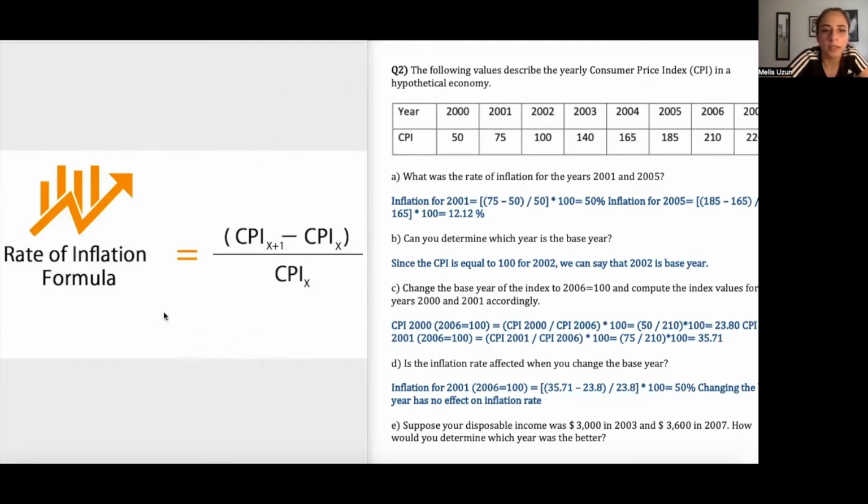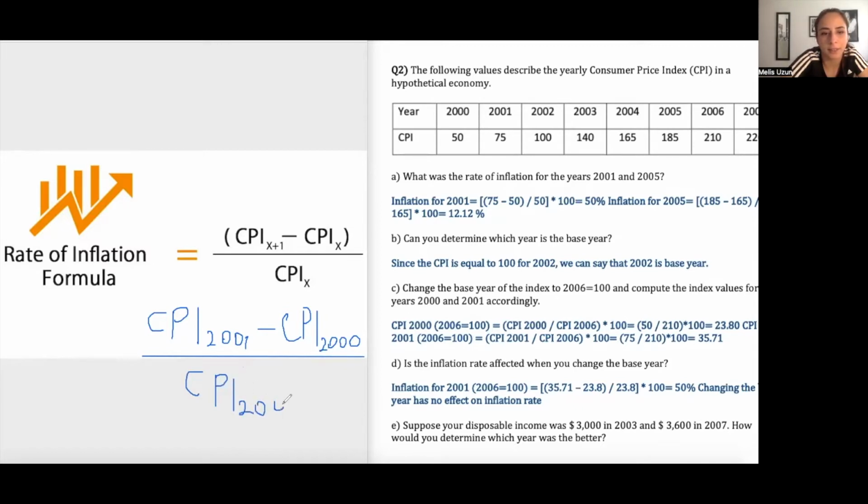So how we do it, let me use pen. We will calculate inflation for 2001 using, I'm sorry for the bad writing, CPI of 2001 minus CPI of 2000, this divided by CPI of 2000.